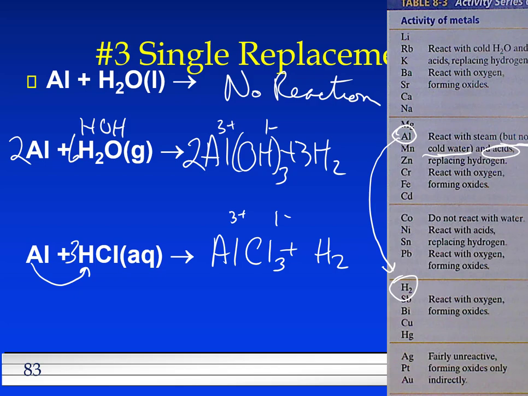What do you do in that situation? You double the first one, which forces me to put a 2 here, get my 2 Als, which will give me 6 Cl, so I can put a 6 in front of HCl, and now I can fix the H2. So either way you approach it, you get the same answer. You still get that 6 in front of HCl. Both ways get you there. Looking for that ratio early might save you some time.